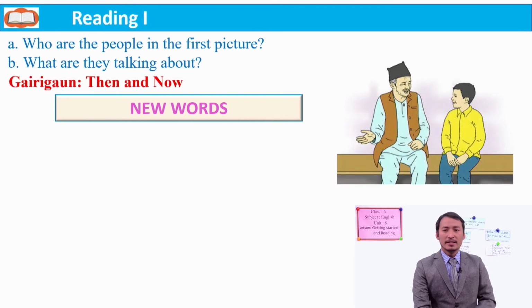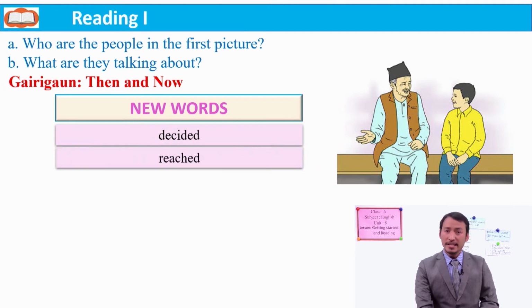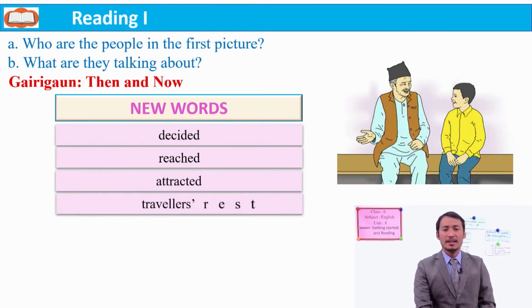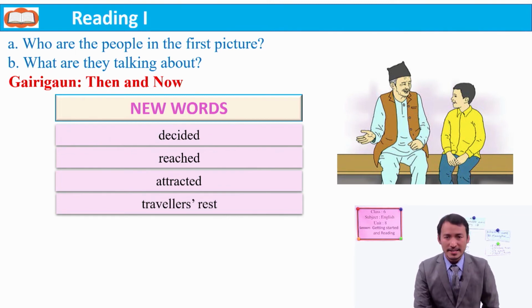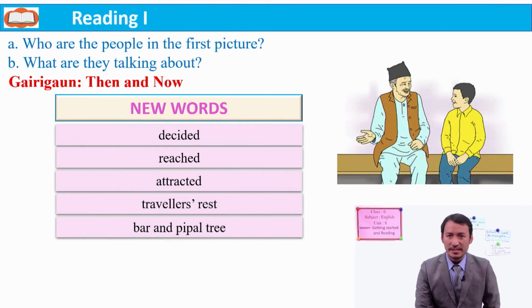We have words like decided. Decided, you can read it aloud with me. Reached, can you read it aloud? Yes, that's great. Attracted. Travelers' rest. Bar and peepal tree.